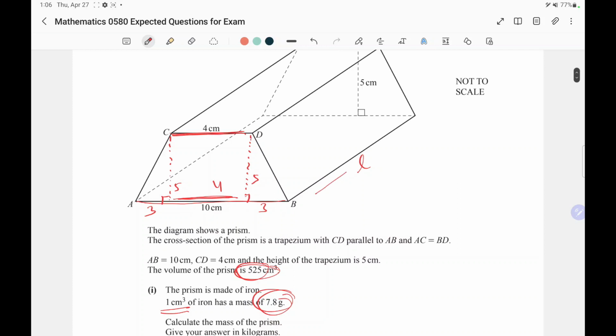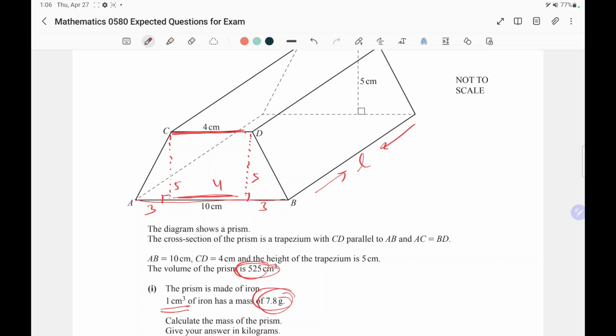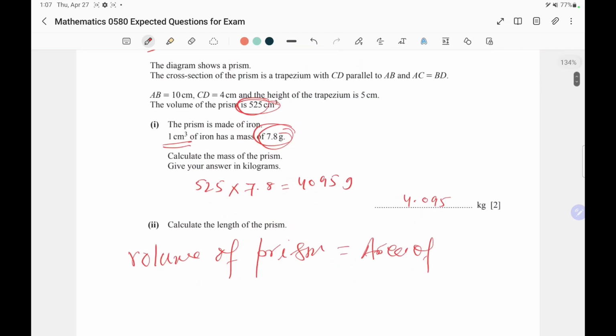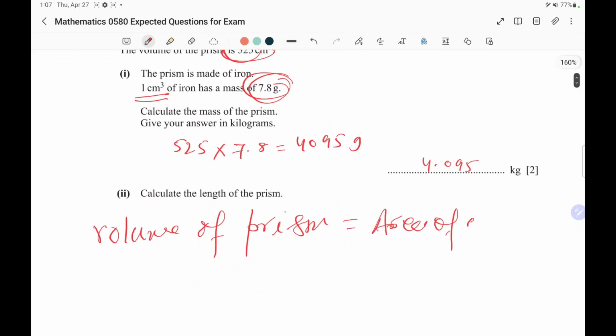Now calculate the length of the prism. Yes, this was very important stuff. Find the length of the prism. For the length of the prism, we know the volume of the prism is the area of cross section times length, right?